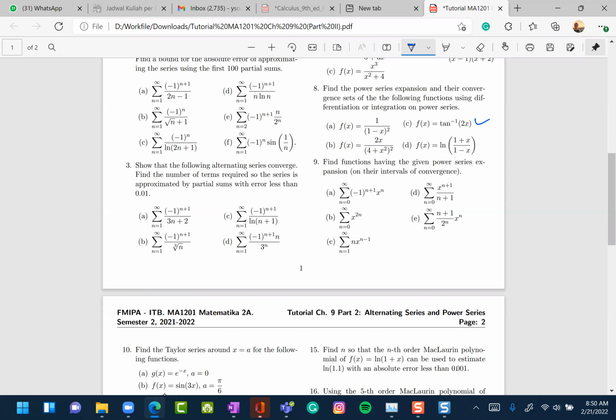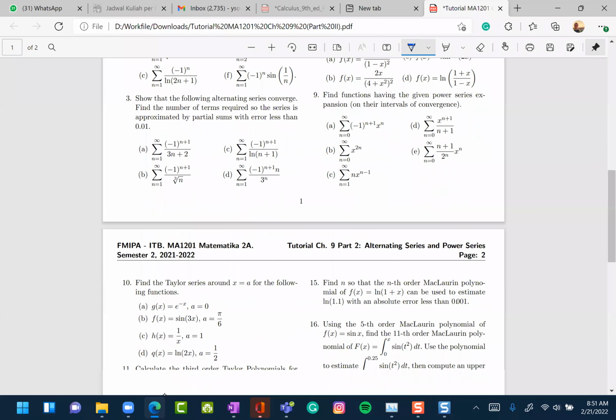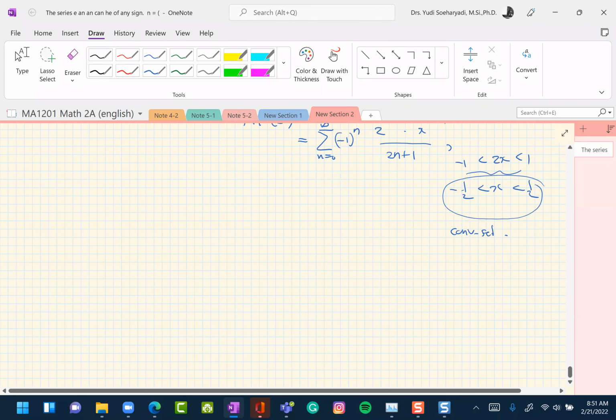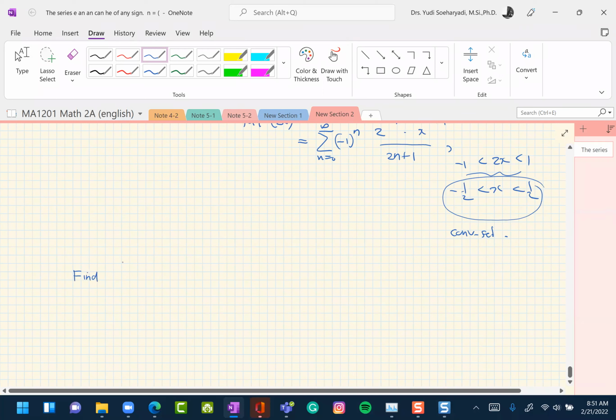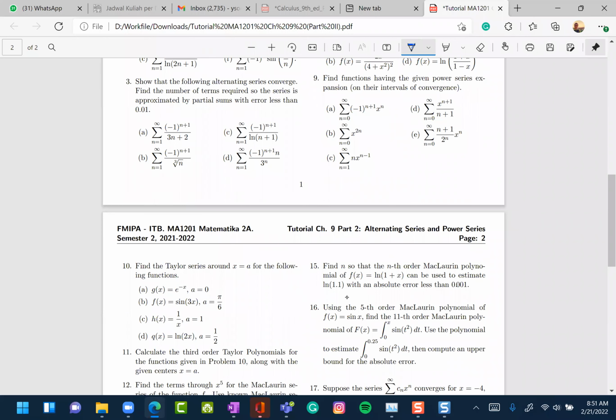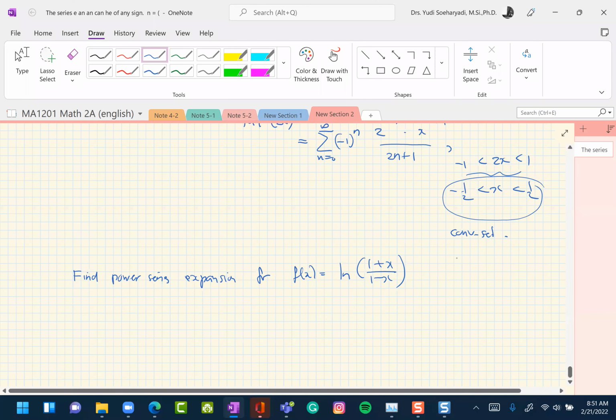It's looking for a series expansion for ln of (1 plus x) over (1 minus x), using power series operations.